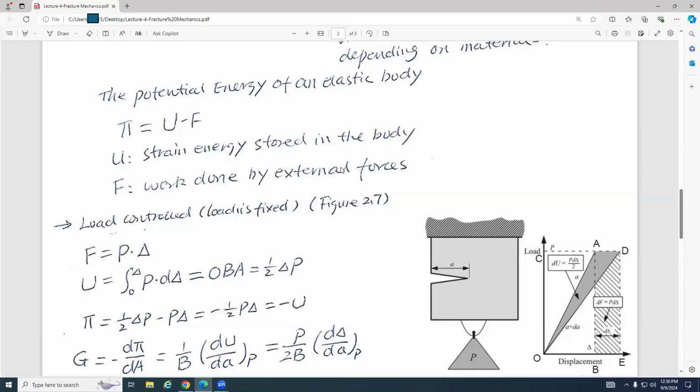What I want to see is how the crack length affects this body's displacement, the relationship between the crack and the displacement.